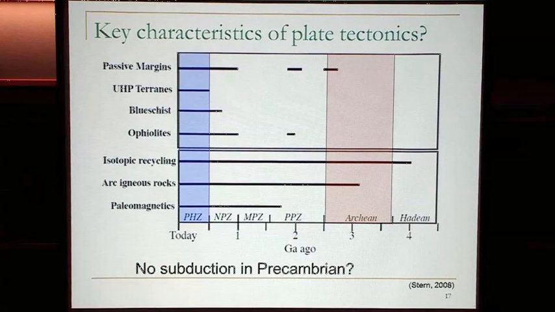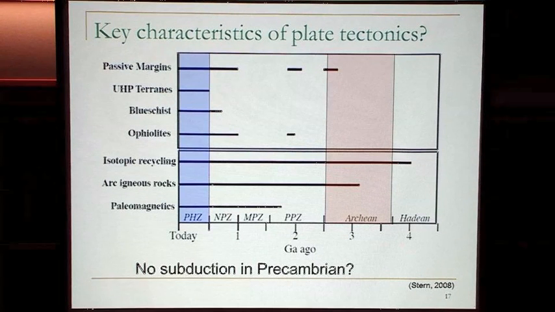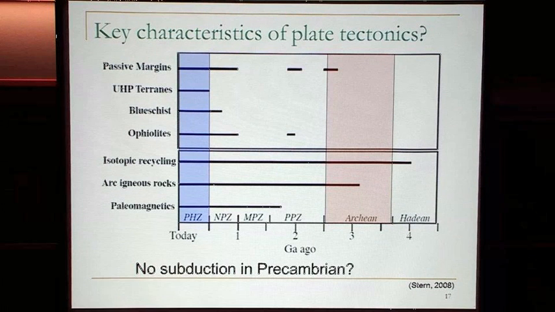And he finds that most of these key characteristics cannot be reliably traced back to before the Neoproterozoic. Perhaps a few ophiolites longer ago, but in general, we don't find really good evidence for modern-style plate tectonics before the Neoproterozoic.